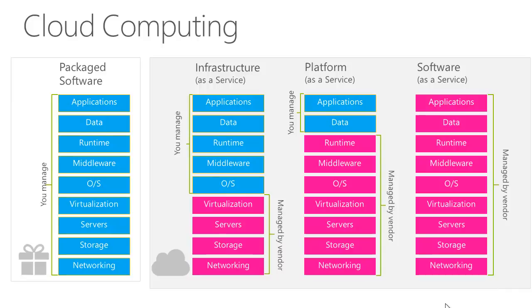And same way, if we move forward to step number 3, software as a service, everything is managed by the vendor. All you need to do is host your application on your cloud, and your end users are going to use that application, that is, software as a service.